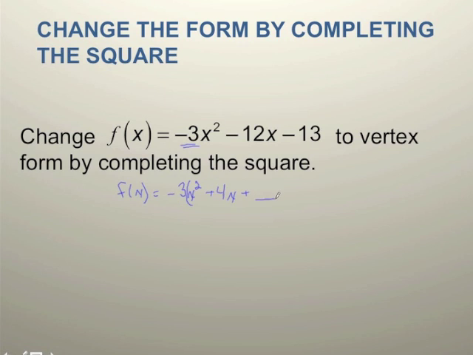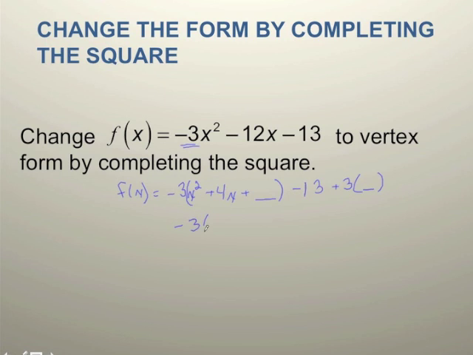And we'll complete the square inside that. The minus 13 stays. And this is subtracting, it's negative 3 times this, so we're going to make it positive 3 times the same thing. This being a negative, this being a positive, they'll cancel each other out.